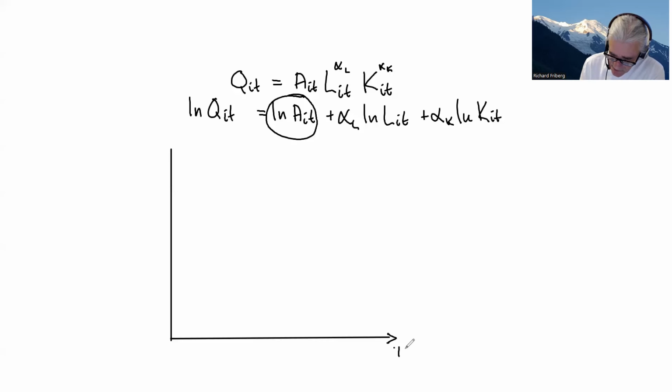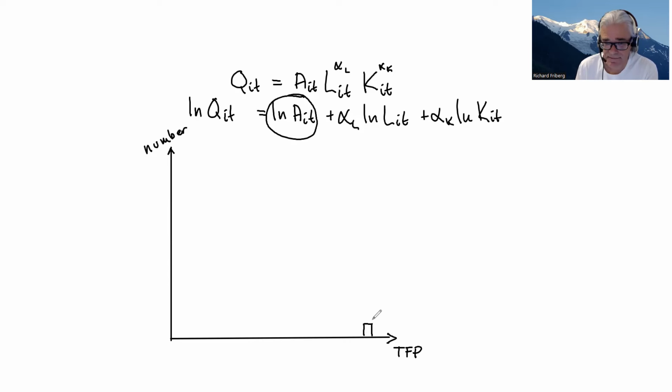So we have on the horizontal axis here, total factor productivity. And up here, we could first think of the number of firms. So think of a histogram first.